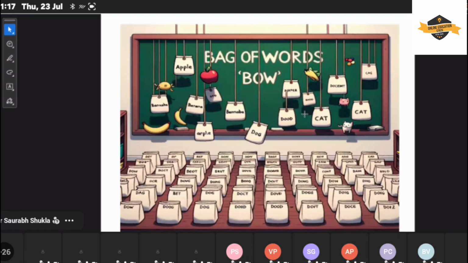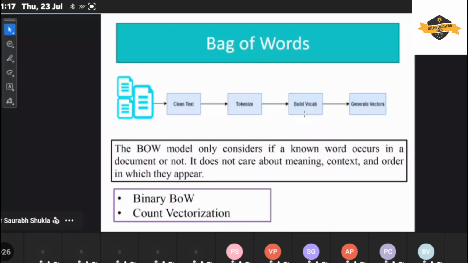Bag of words. What is the bag of words concept in NLP? It means, again, you have a clean text, you break the sentences into individual words, tokenization. You build a vocabulary, meaning unique words. I am using an umbrella. The color of my umbrella is blue.